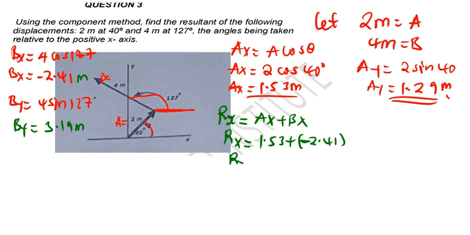Therefore Rx is 1.53 minus 2.41. I'm getting negative 0.88. Rx is negative 0.88. What are the possible quadrants where we can find R, the resultant, in this case?